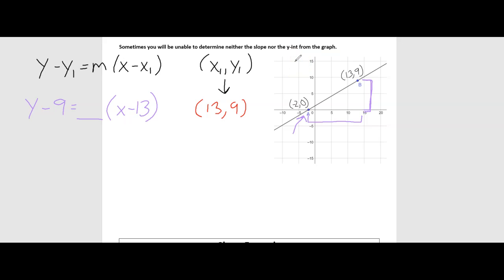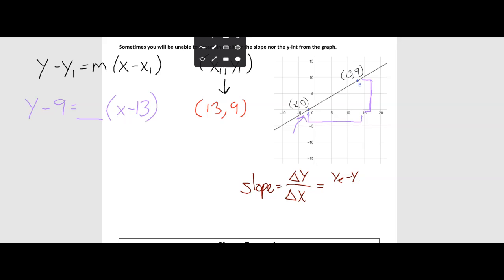Well, we already know what slope is. I know that slope is equal to the change in y over the change in x. Maybe you've seen this formula before, but the change in y is really the difference in the y values: y2 minus y1, all over x2 minus x1.